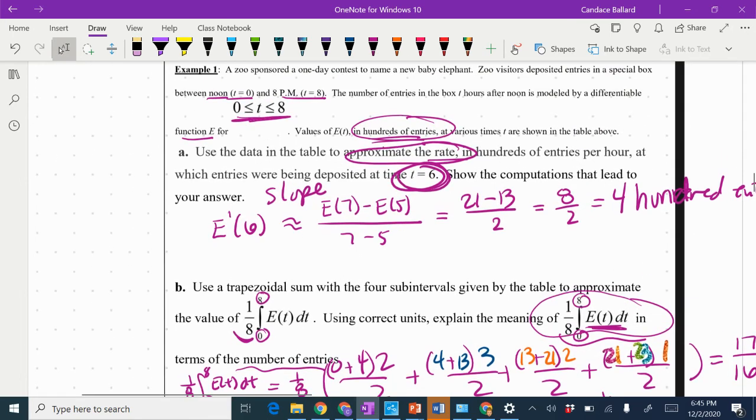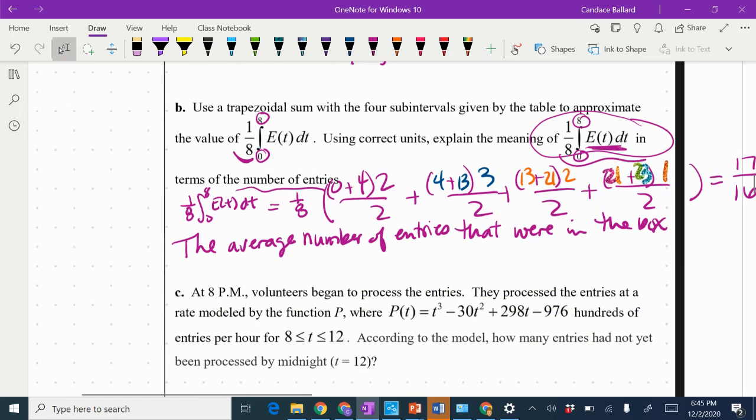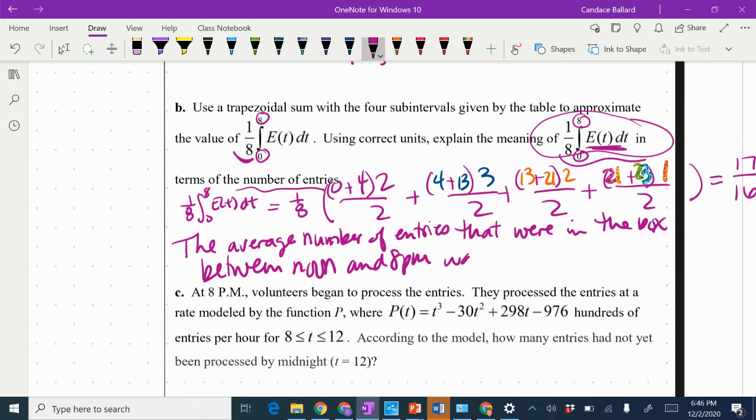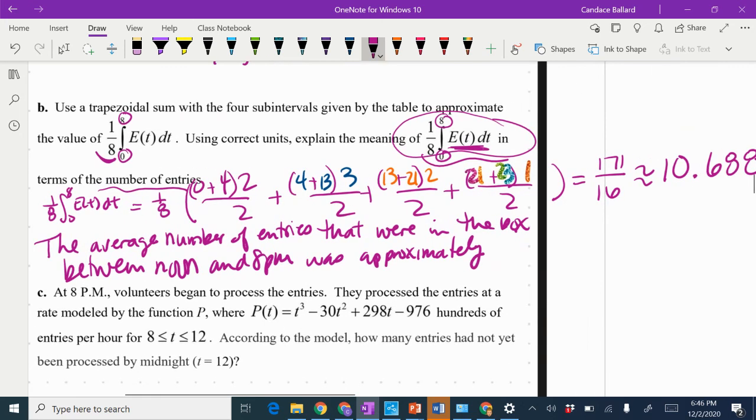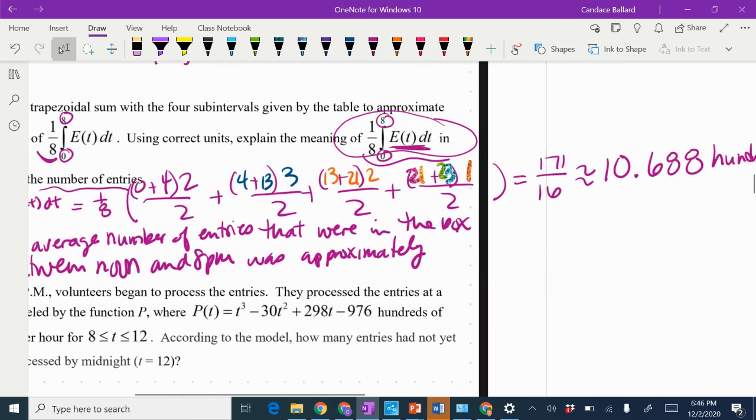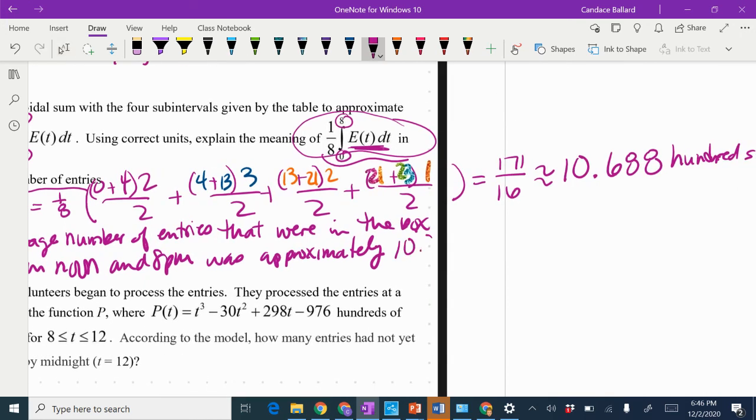Our time is between 0 and 8, but in the context of the problem, 0 is representing noon and 8 is representing 8 p.m. So I want to put it back in that context. So in the box between noon and 8 p.m., and then we want to put the total was approximately, and it didn't say a whole number, so you could say approximately 10.688 hundred.